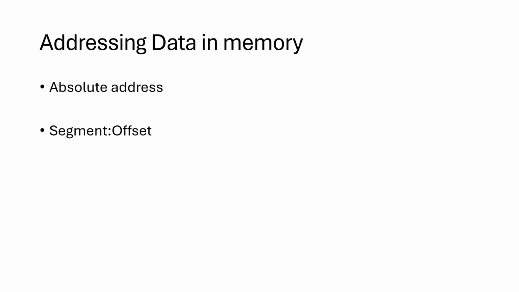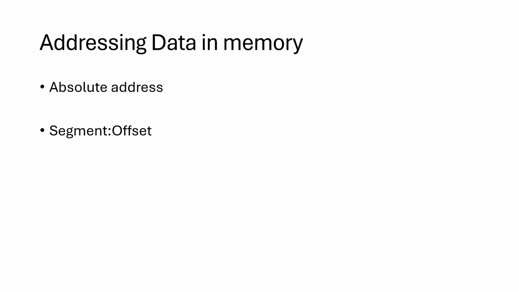Now we will talk about addressing data in memory. There are two methods for addressing data in memory. First is the absolute address, and second is the segment offset. The absolute address is supported by the real mode processors 8086 and 8088.